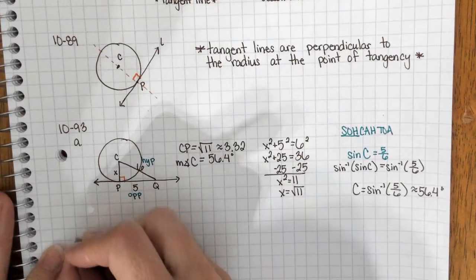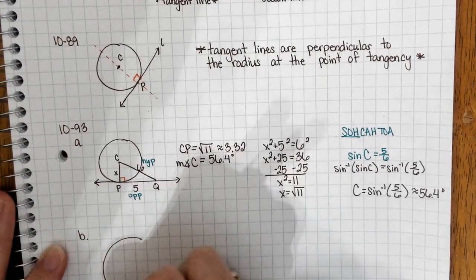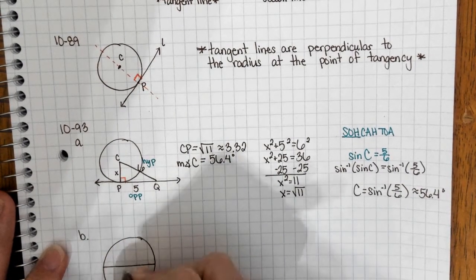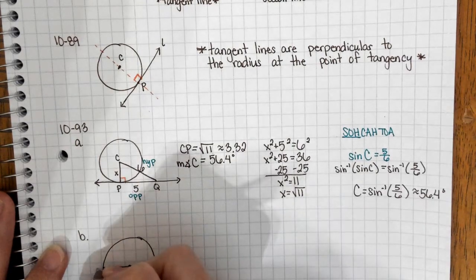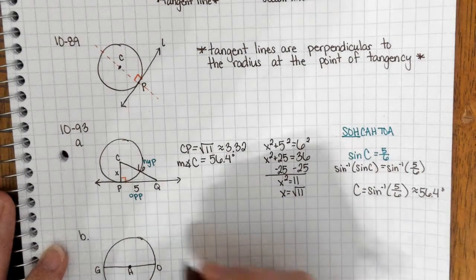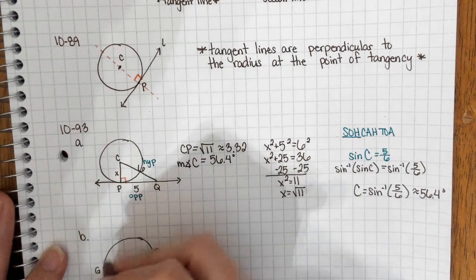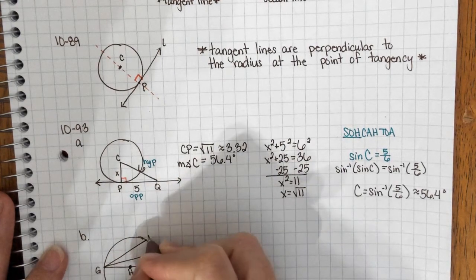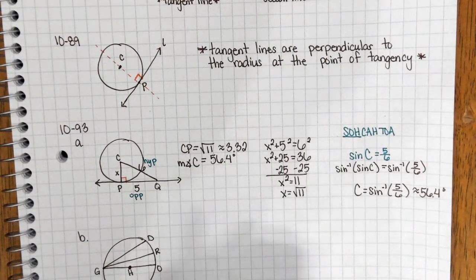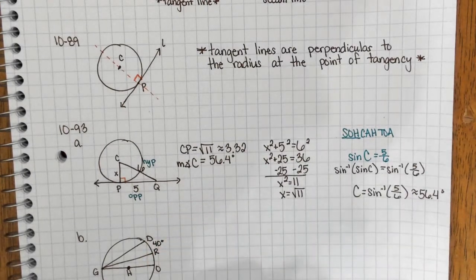All right, part B. This circle has a few different things going on. So here's point G, this is H, this is O, this guy is R, and up here we have D. So in the book it tells us in circle H, that means H is the center, arc DR equals 40 degrees.